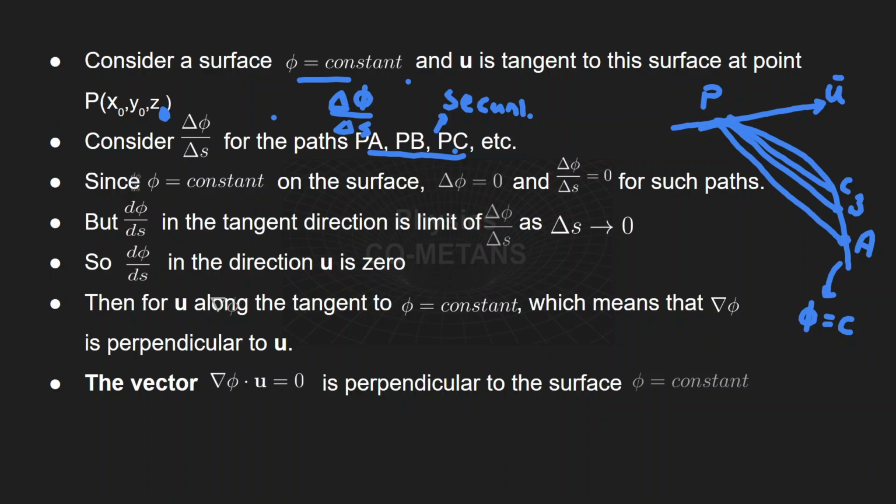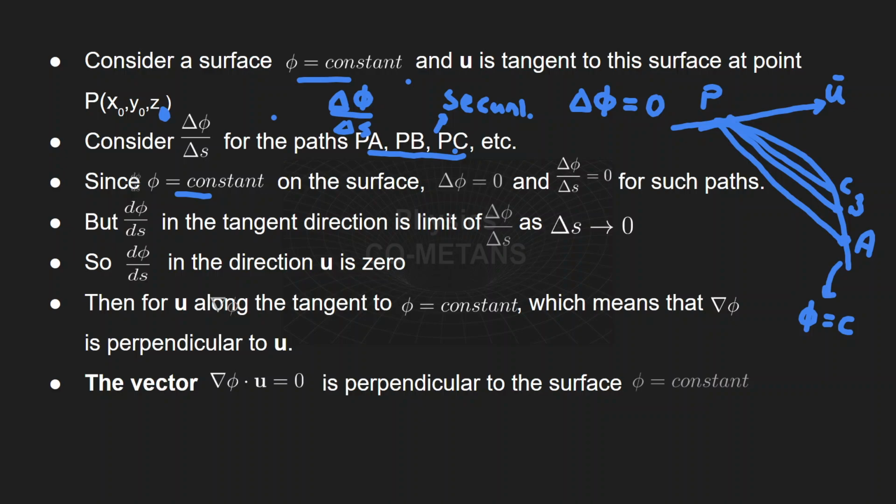Now on this surface, since phi is constant, any change in phi will be 0. The change in phi will be 0 because phi is constant. It has some particular value.